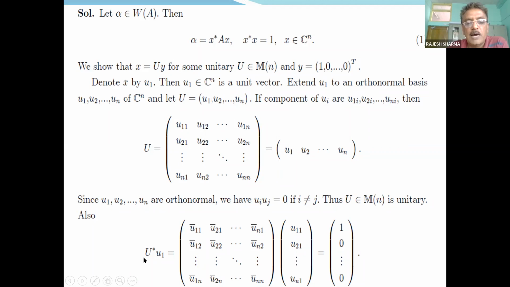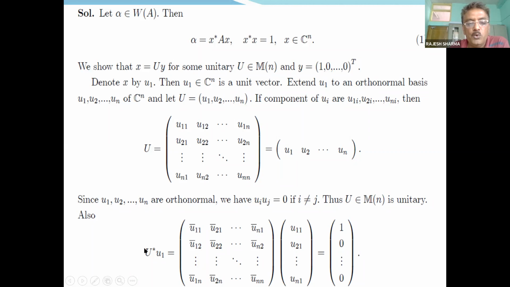Now calculate U star u1. Yes, what is this product? Because U is unitary, the rows and columns are orthonormal. So this mod u1 square plus mod u2 square up to plus mod un square comes out to be 1, and all other products are 0 because of orthogonality. So U star u1 is equal to this column vector 1, 0, 0, and so on.